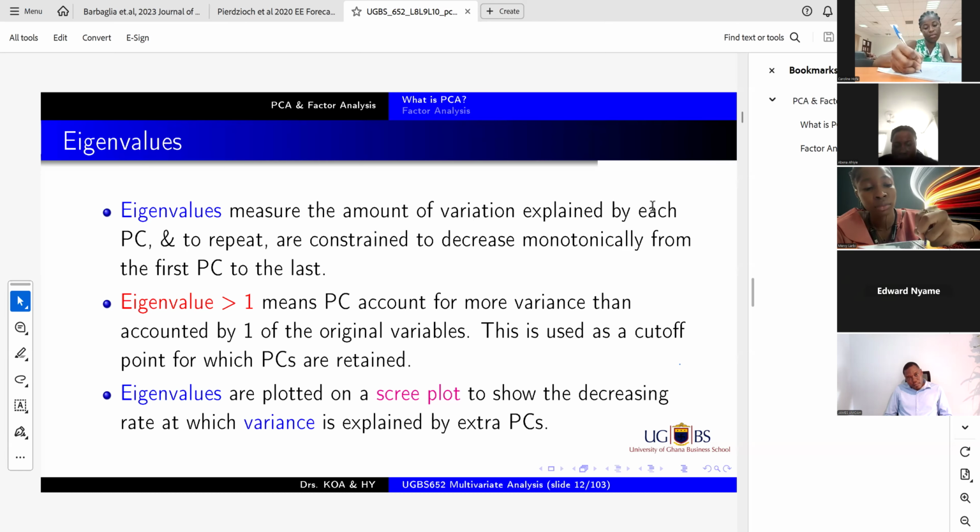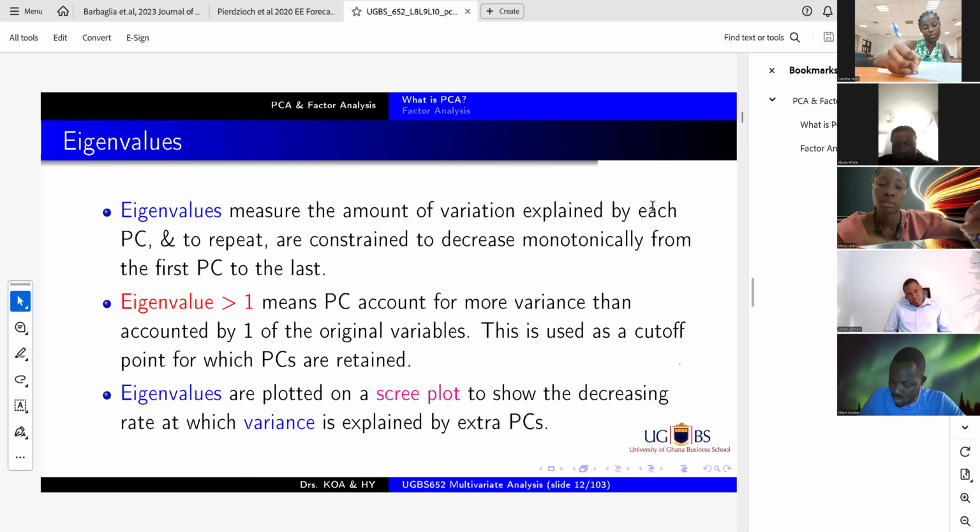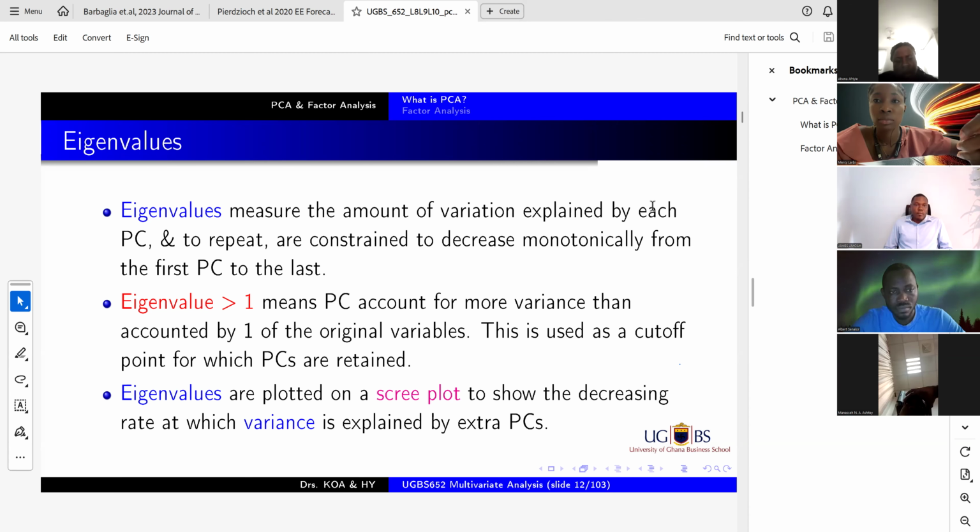So let's say you calculate an eigenvalue, and the eigenvalue is 4, which means that principal component must be incorporated. It must be one of the principal components. You can calculate another eigenvalue.